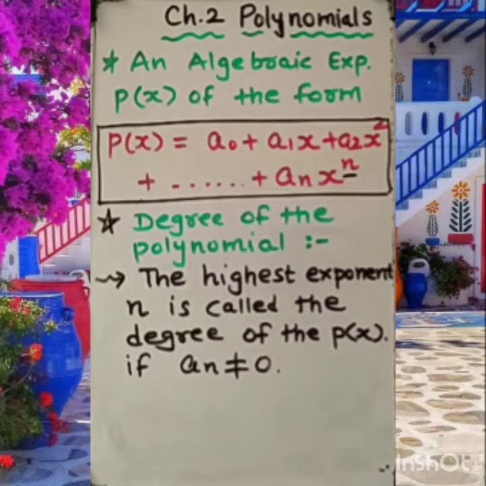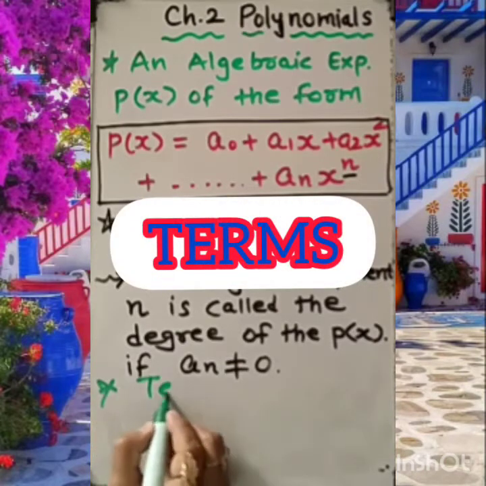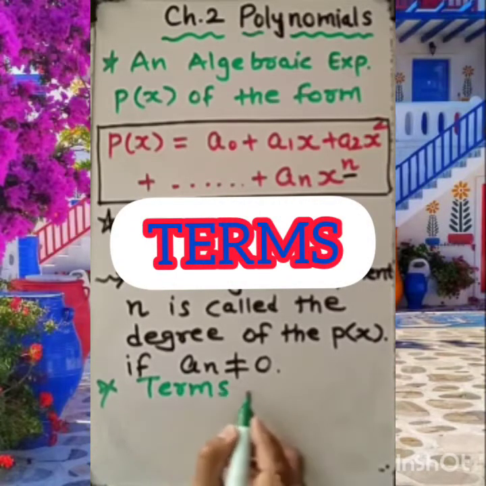Right? Now, let's work on the term. You know the word term very well. So please, next step, term. What is a term? What do we call terms, how to define terms?